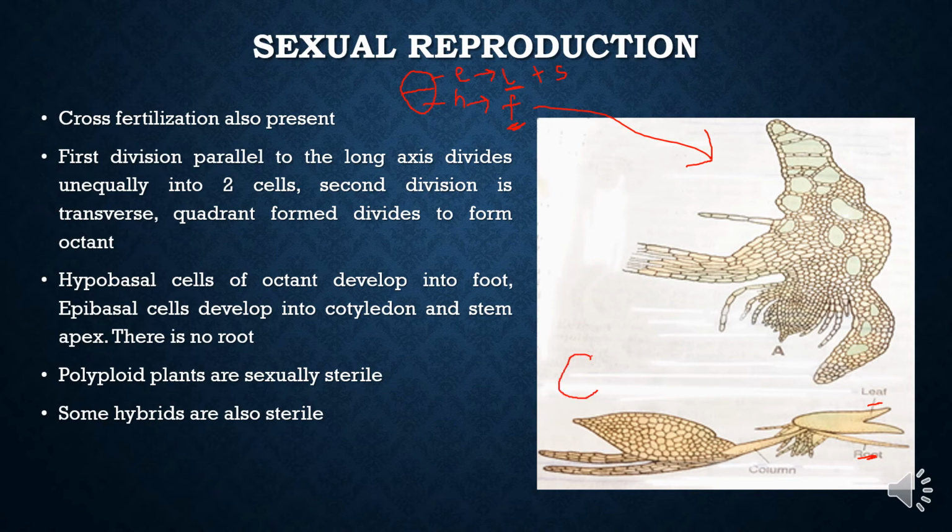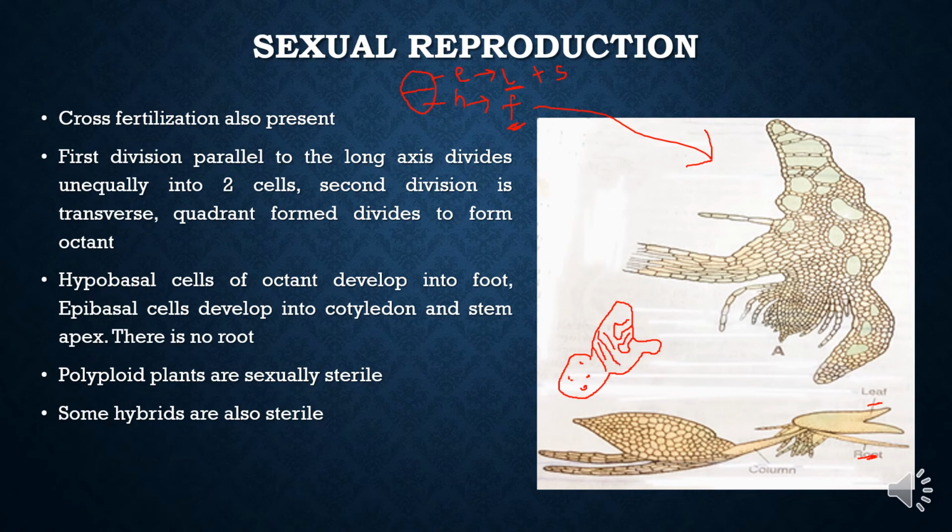And this is not part of the sporophyte, but this is the gametophyte. We know the structure of the male gametophyte was like this, where the apical region contained a large number of cells, the region where the archegonia were formed.